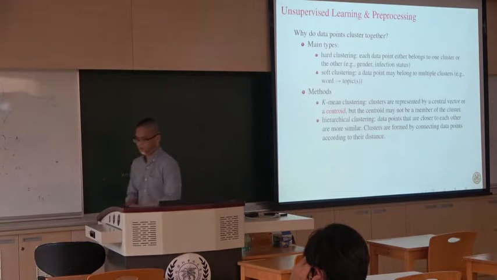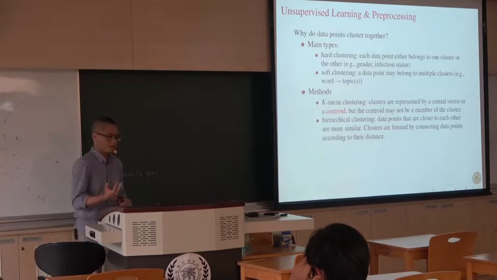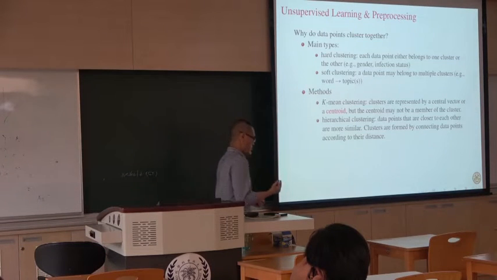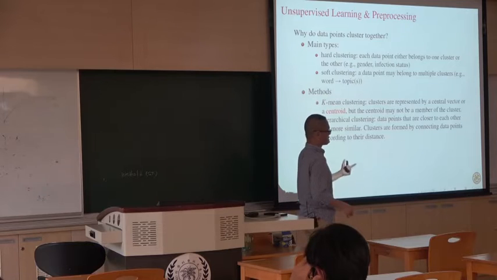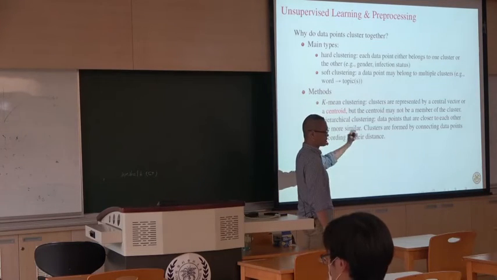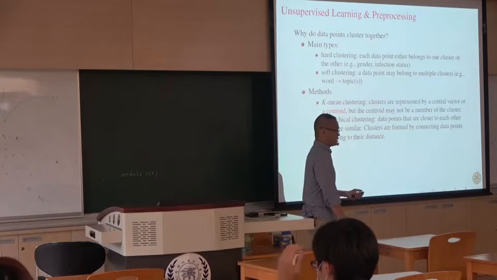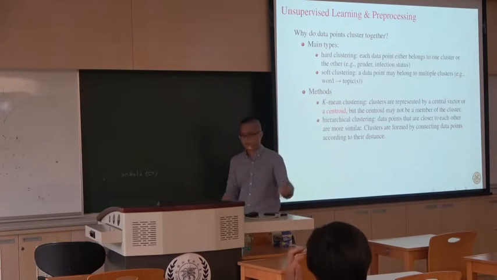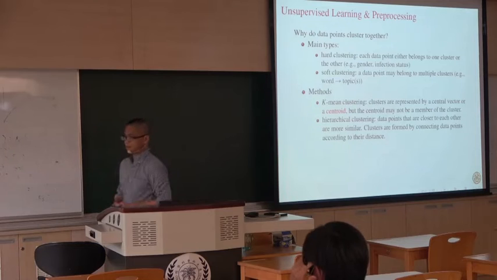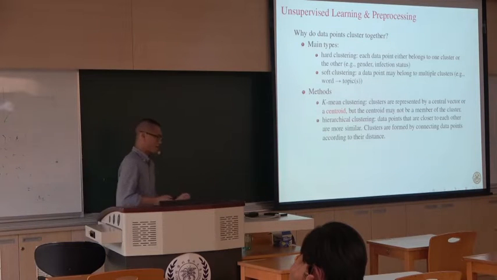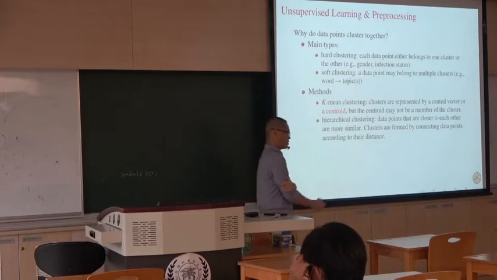So there are different types of clusters. First, a hard cluster. Each data point belongs either to this cluster or the other. It must be one or the other. You can say gender, for instance, male or female. But of course, since we are living in great diversity, most surveys will say, identify your gender at the moment.